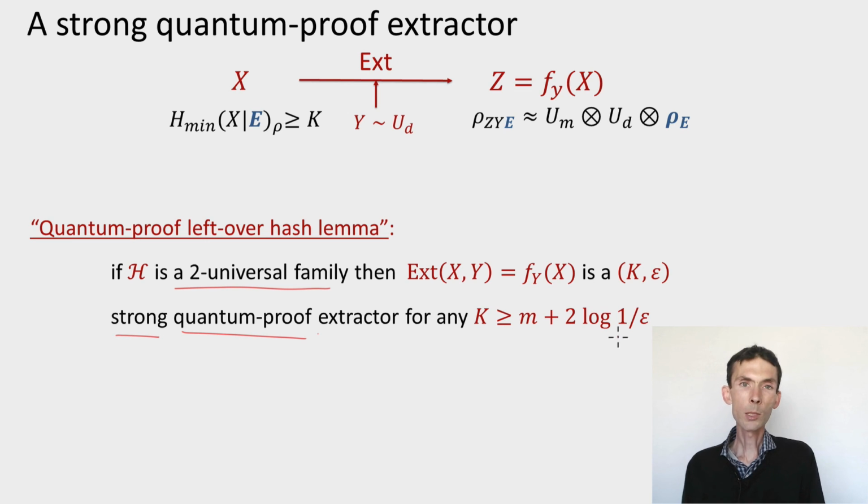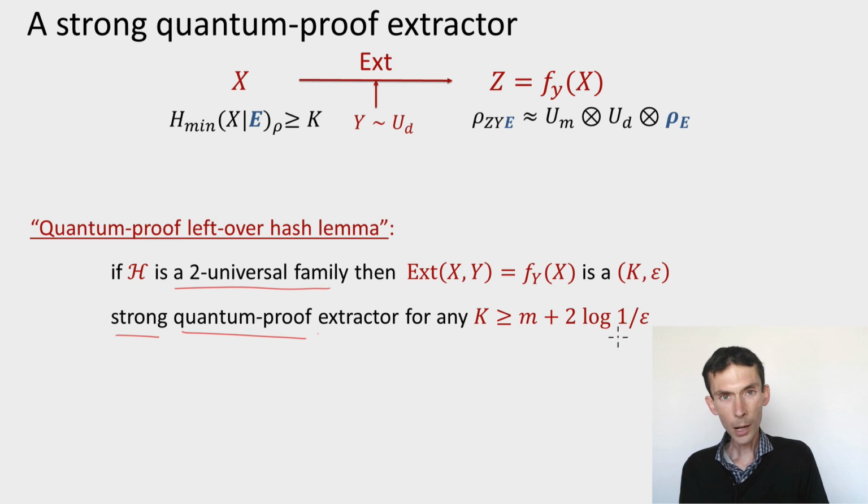That's exactly the same dependence as we obtained for the two universal hash lemma with no side information at all. So it's a strong result in that respect. It suffers from the same drawbacks that we already pointed out when we analyzed the classical variant, but it's going to be more than sufficient for our purposes.